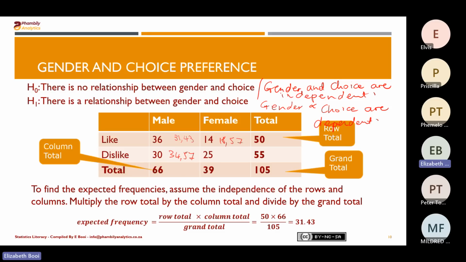For 25, it will be 55 times 39, divided by 105, which gives me 20.43. And those are my expected values.